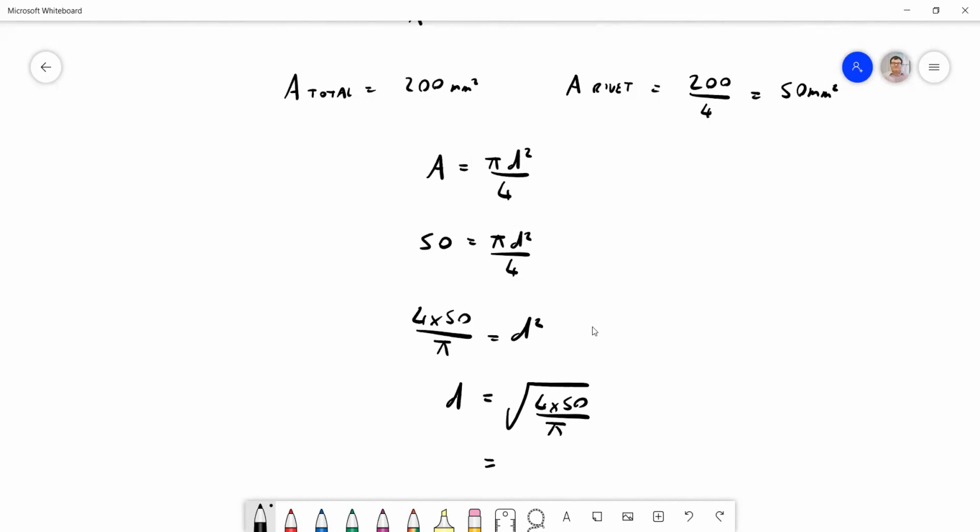I suspect this will give us the answer the course notes is indicating, but there's no reason not to check it in our calculator. So take the square root of 4 times 50 divided by pi, and we get the answer of 7.98. Because we were working in millimeters squared for our area, our diameter is in millimeters as well.